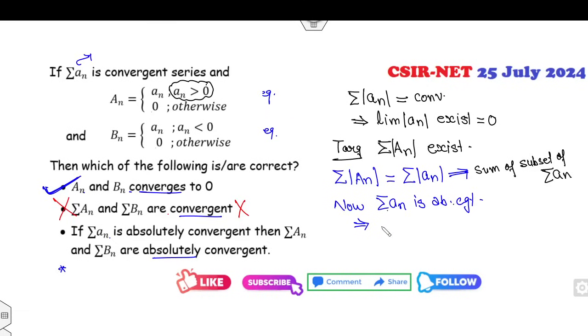Once this is absolutely convergent, that means this is also absolutely convergent, because this is a subset of the absolutely convergent series. Some subset of an absolutely convergent series is also convergent, so that means this is also absolutely convergent. Similarly, you can prove bn is also absolutely convergent.